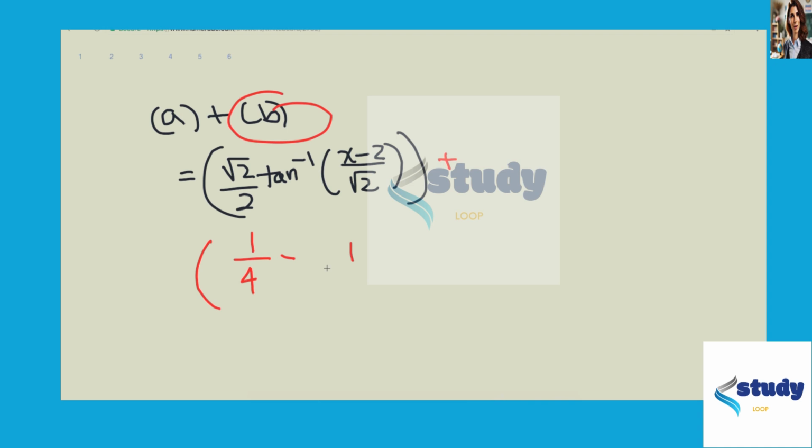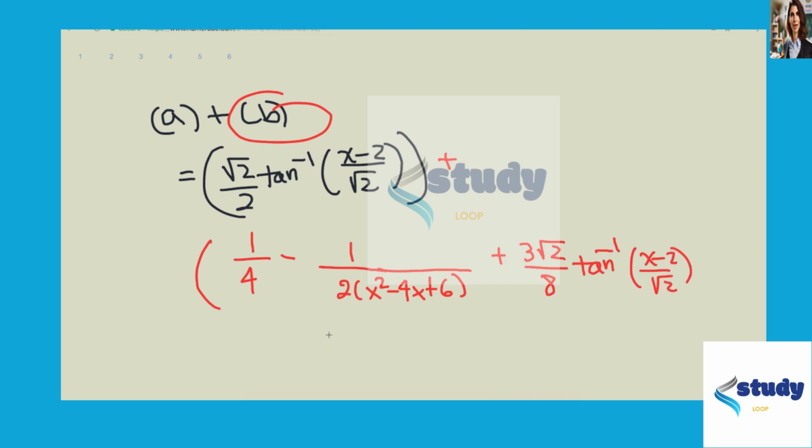And then we have 2/4, so let's just say 1/2 x squared minus 4x plus 6, plus, and then we have 3√2/8. This is all from part B. And then we also have 3/4 x minus 2 over x squared minus 4x plus 6. And then finally, we'll go ahead and add that c in. So this is our final answer, but this can be cleaned up a little bit. So the last step will be just simplification, and that'll be our final answer.